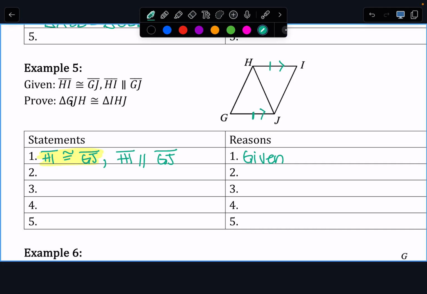So I have 2 pieces of given information, but only one of them gives me a piece, which means we need to use the other one to get us a piece. So what can I find with parallel lines? Congruent angles or sides? Angles.